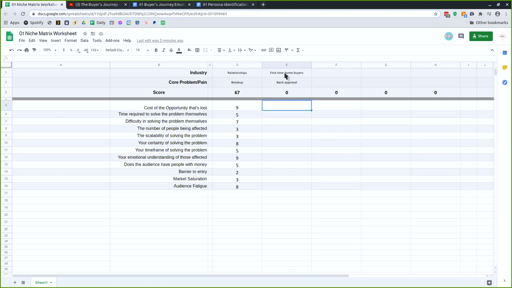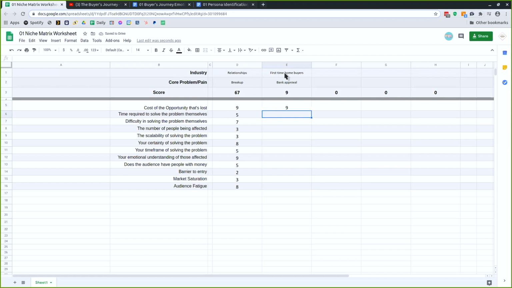So a 10 would be millions of dollars in their mind, and a 1 would be a butterfly. How would you rate that? I would say about a 9. I would tend to agree with you there.